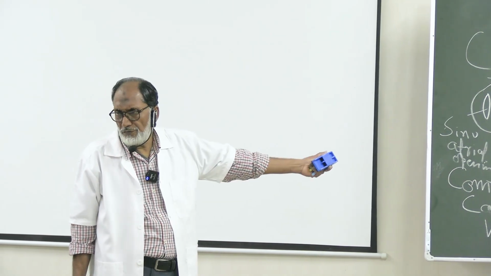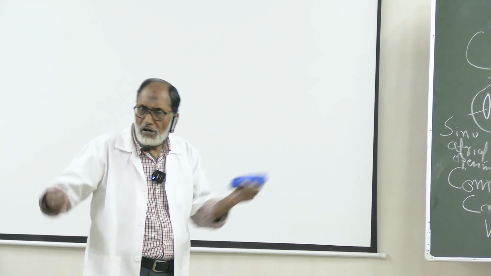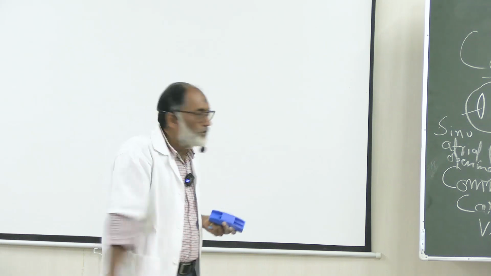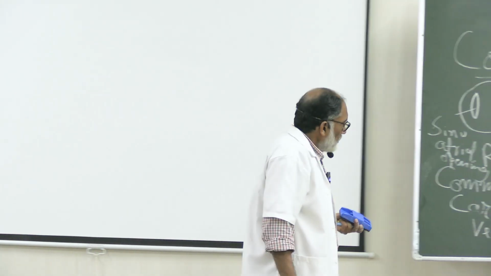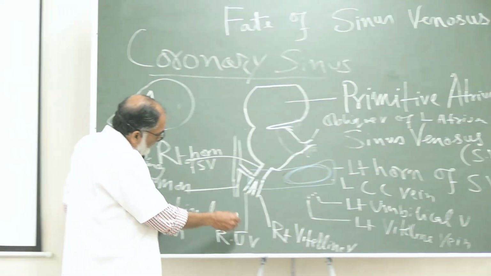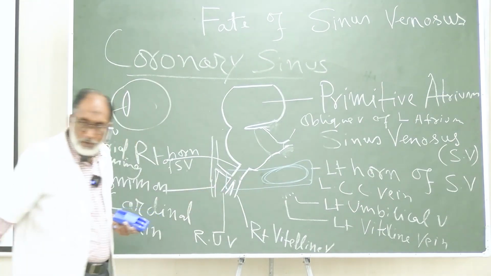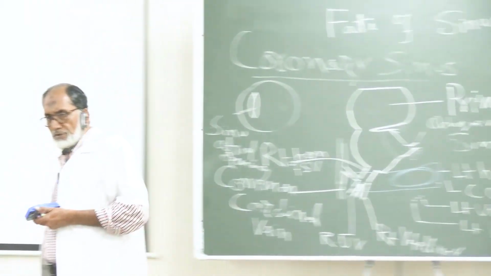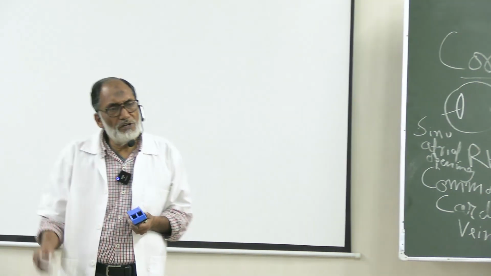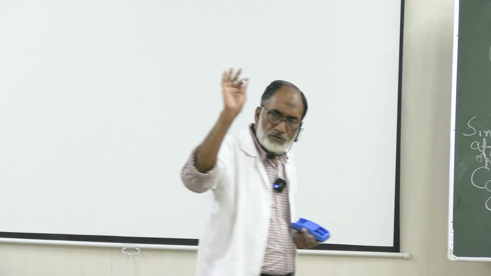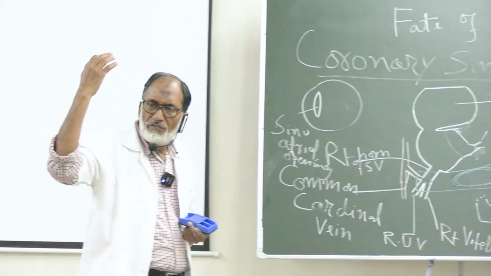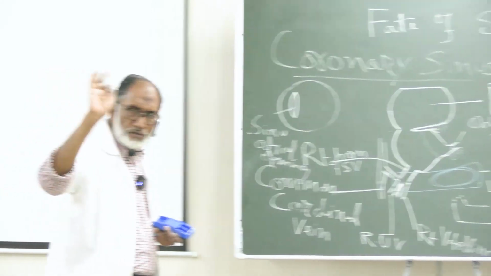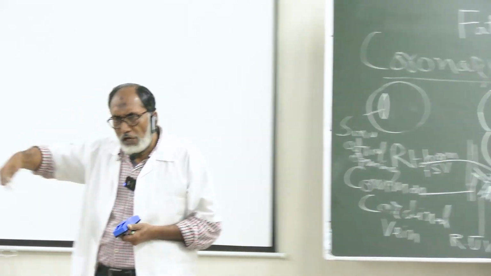Right side is well developed because all blood is coming through the right side. Now the right umbilical vein disappears. Right side, the right umbilical vein disappears through all its extent.